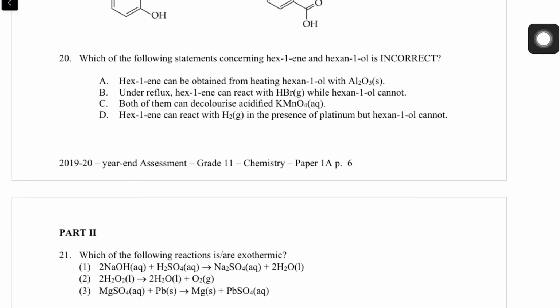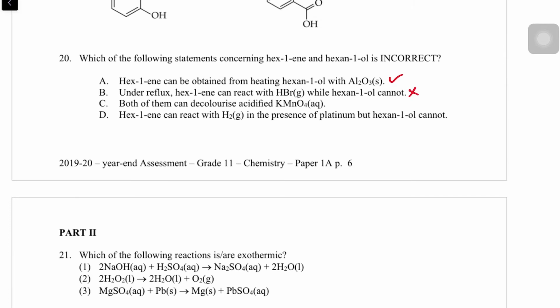Question 20 about hex-1-yne and hex-1-ene, which is incorrect. First, can hex-1-yne be obtained from hex-1-ene? The answer is yes. Part B, after reflux, can react with HBr while the other cannot?